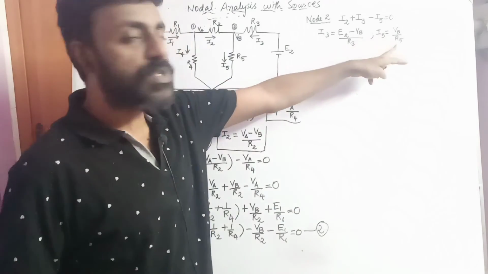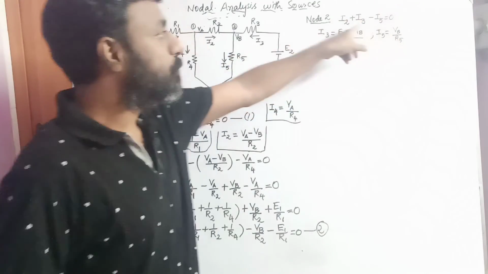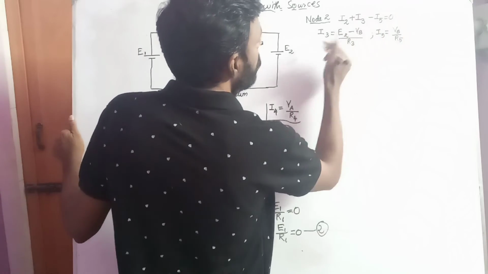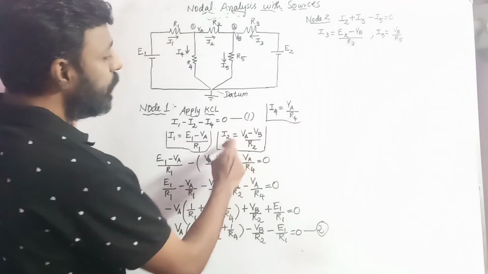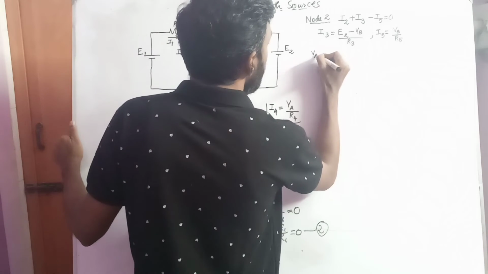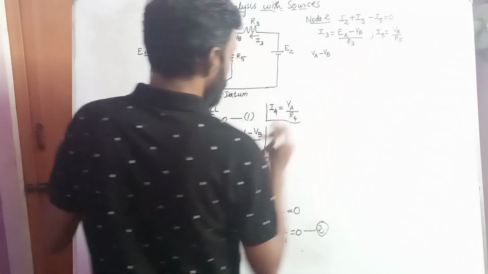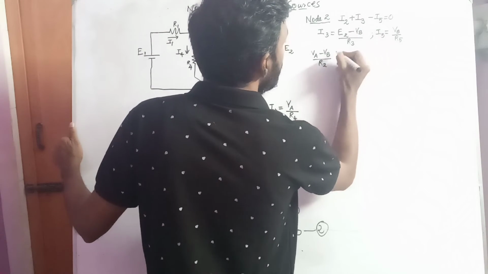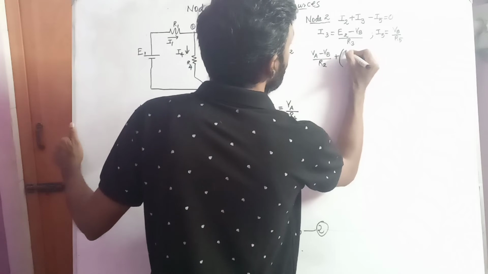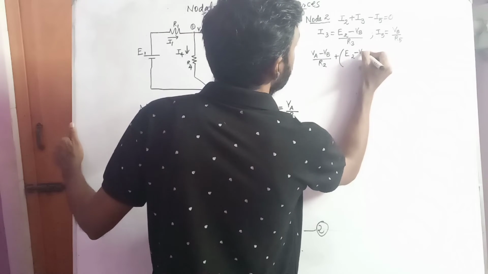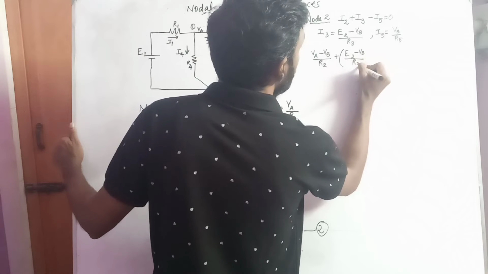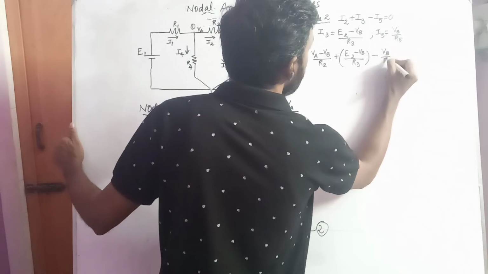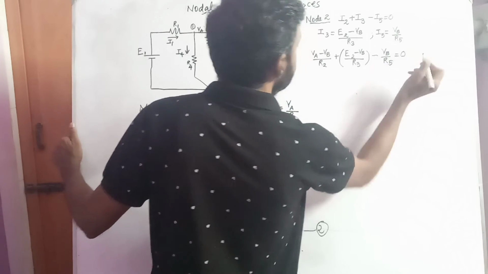With the values which we have obtained, we need to substitute in this expression. Substituting, the value of I2 is VA minus VB divided by R2, plus I3 is E2 minus VB divided by R3, minus I5 which is VB divided by R5, equal to 0.